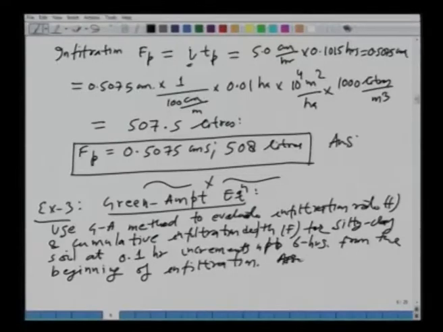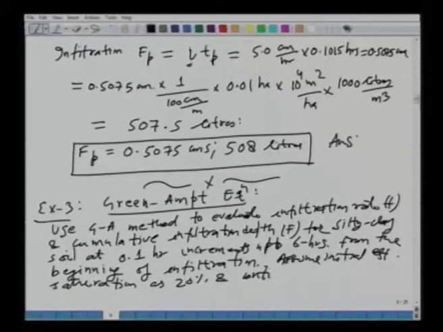Assume the initial effective saturation, which is Se, as you know, as 20%, and the conditions of continuous ponding.